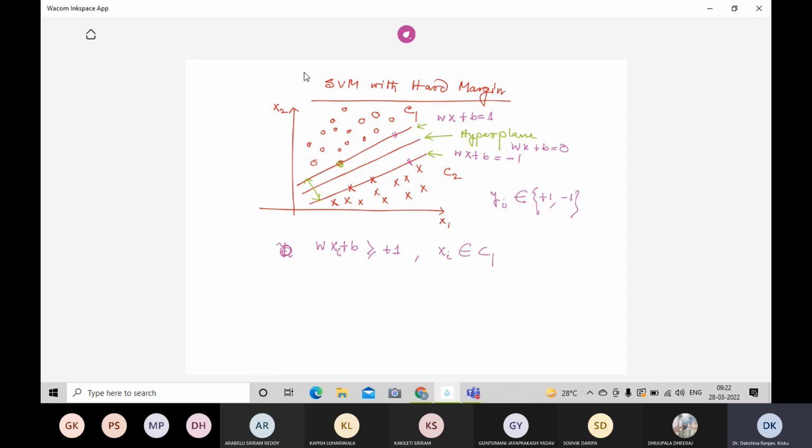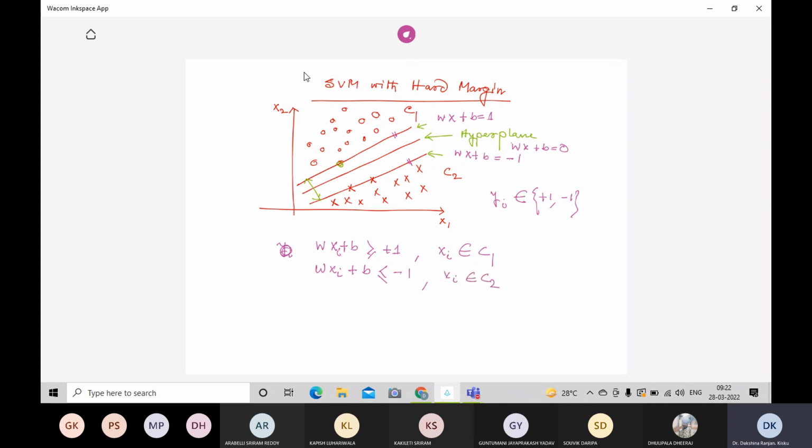Okay, and for the examples which are obtained from class C2, for those examples we can have the classifier equation wxi plus b less than or equal to minus 1, when xi belongs to class C2.